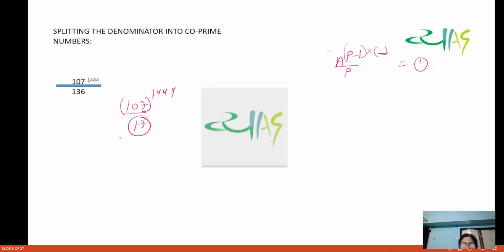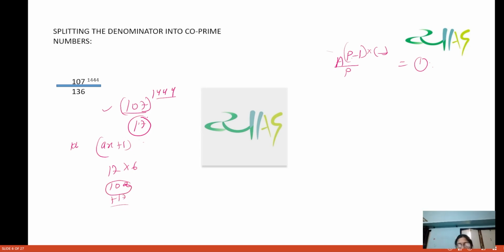I know the remainder is coming to be 5. We have 107 divided by 17 to the power 144, and this cannot be made in the form of ax plus 1, because if I multiply by 6, then I get 102 plus 17.